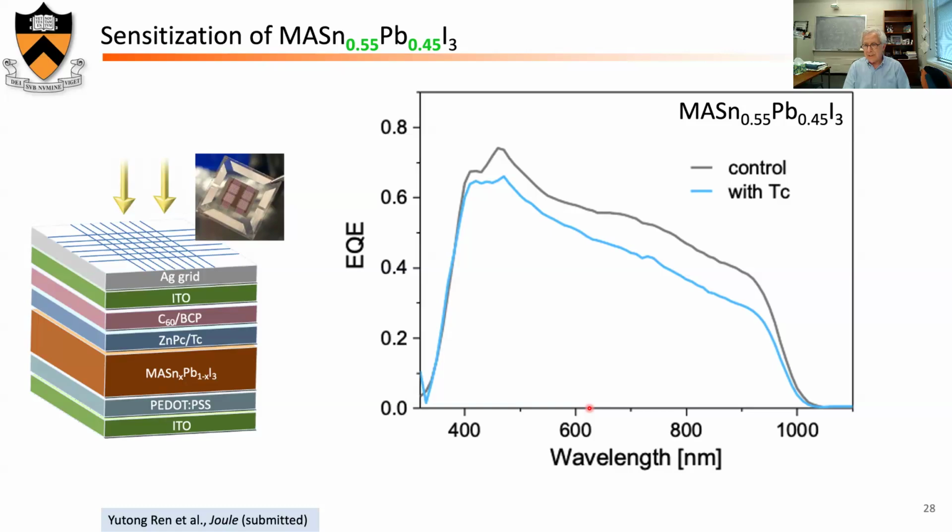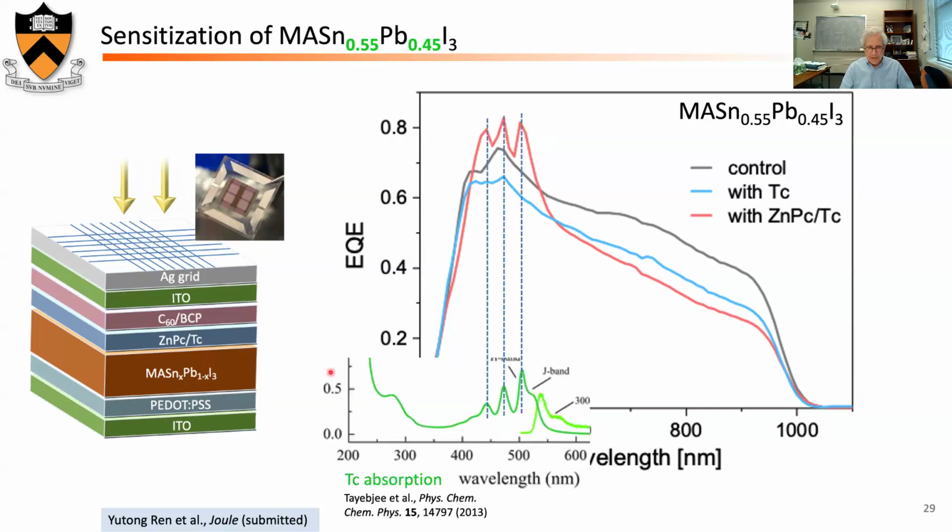Presumably because the tetrazine absorbs some high energy photons, but the product of the triplet formation is not transferred to the perovskite. And then this was the big break. With zinc PC added to the tetrazine, we have a very significant enhancement of the EQE in the spectral region corresponding to the tetrazine absorption.